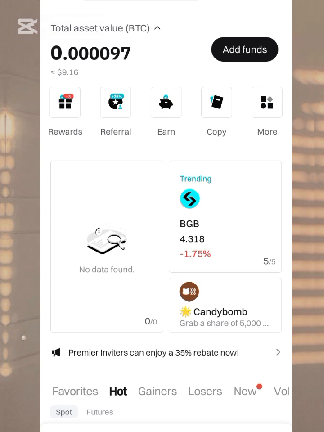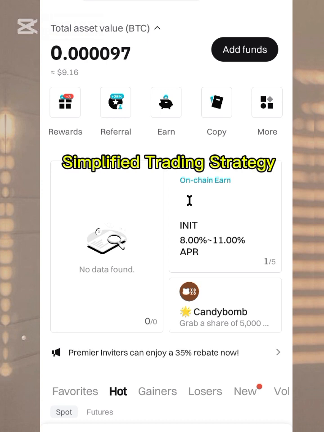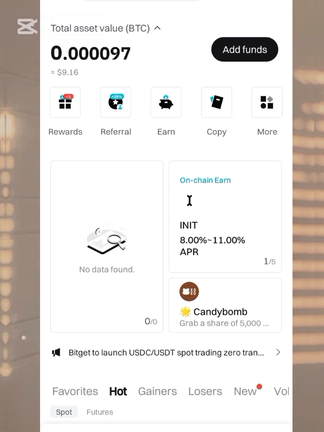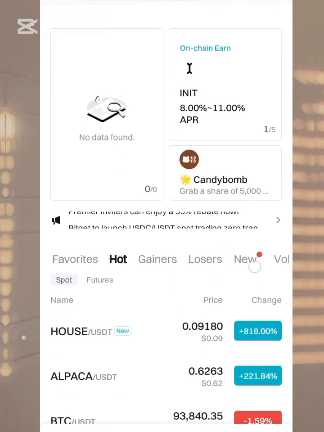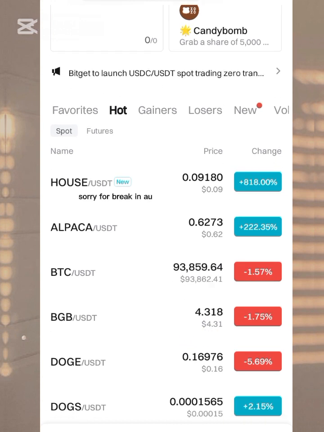Now for spot trading, we have to find a coin we need to trade. If you are not good with technical analysis, I will show you a very simple way to trade without doing much analysis. You can do this at your own discretion, whatever way you decide.